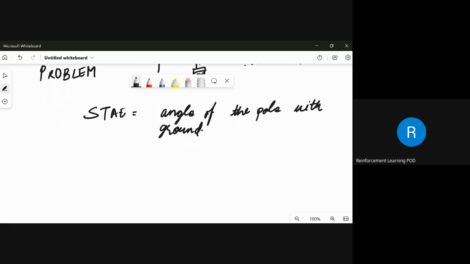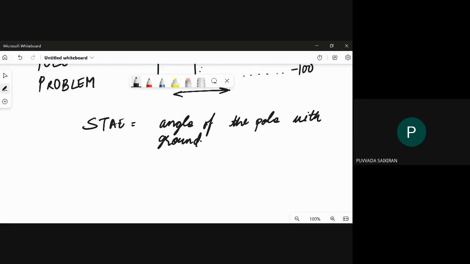Then you don't have to worry about left and right, because it is a decrease or increase in the angle. Let's say there is plus 30 degrees, so your pole is something like this. Then you can define your mu like this.